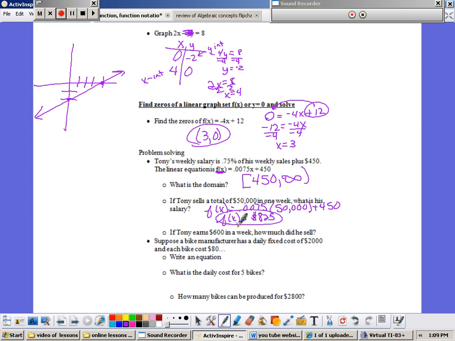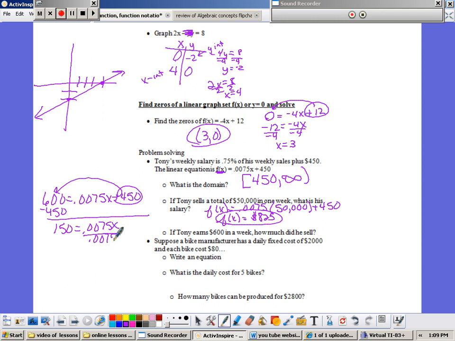If Tony earns $600 in a week, how much did he sell? Well, in this case, I know his salary is $600 and his salary is f of x. So it's 600 equals 0.0075x plus 450. So I move the 450. 150 equals 0.0075x, divided by 0.0075.